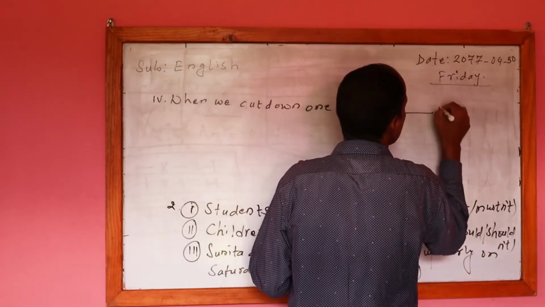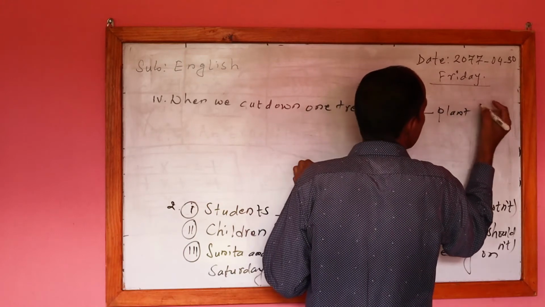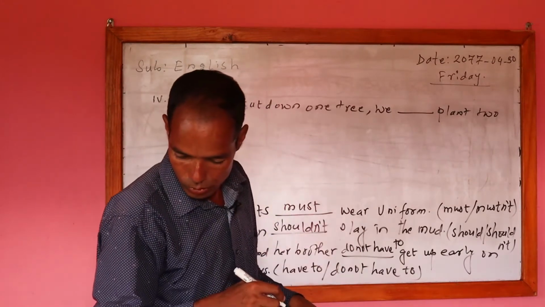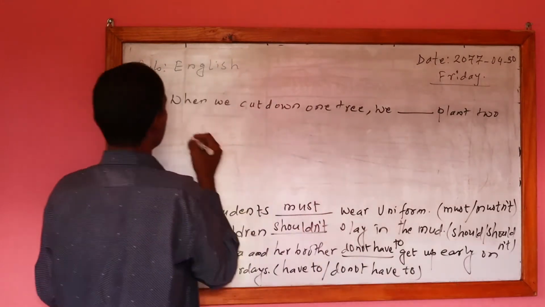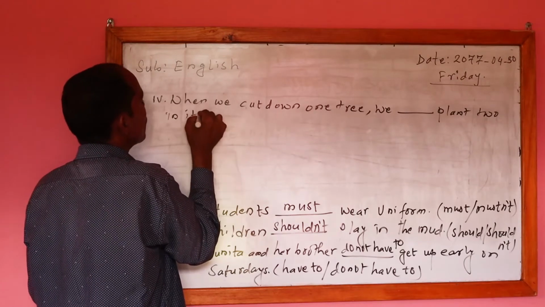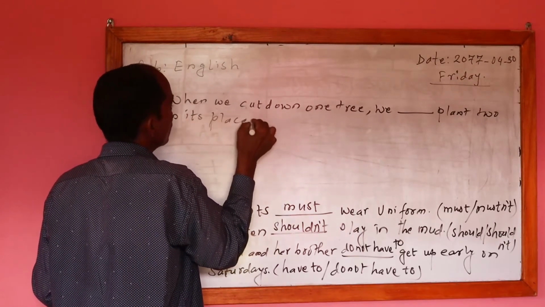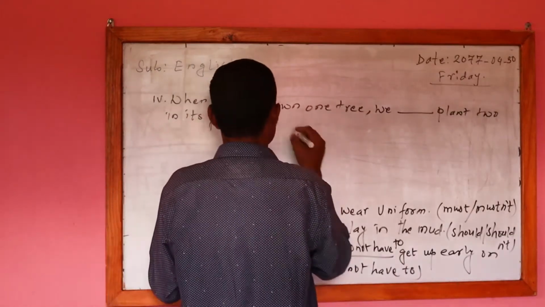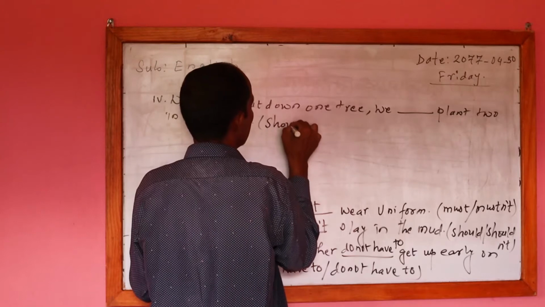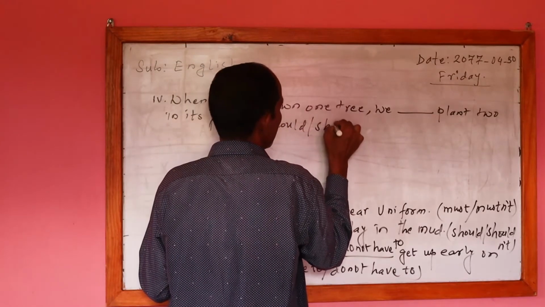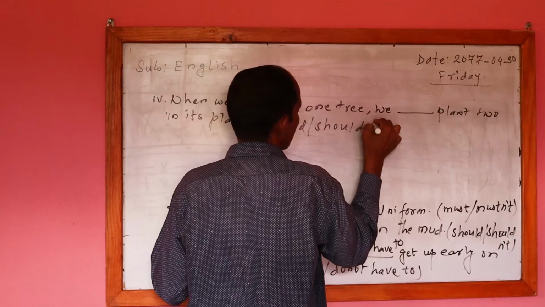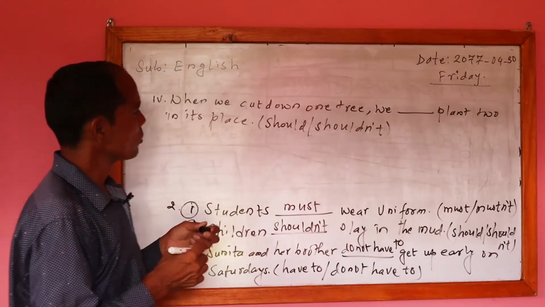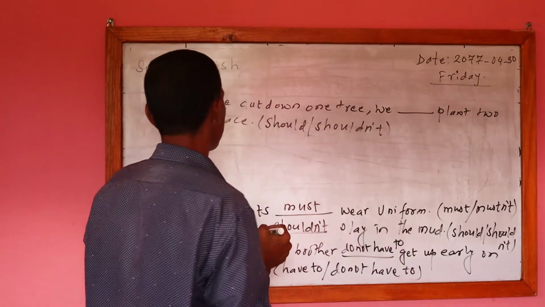Now the option here is should not. When we cut down one tree, we should plant or we should not plant.